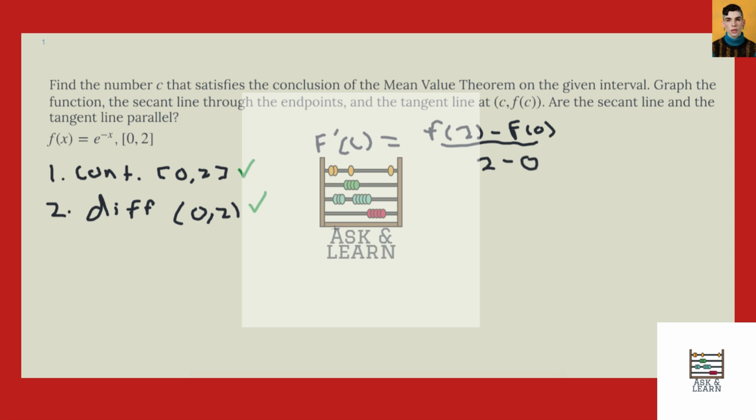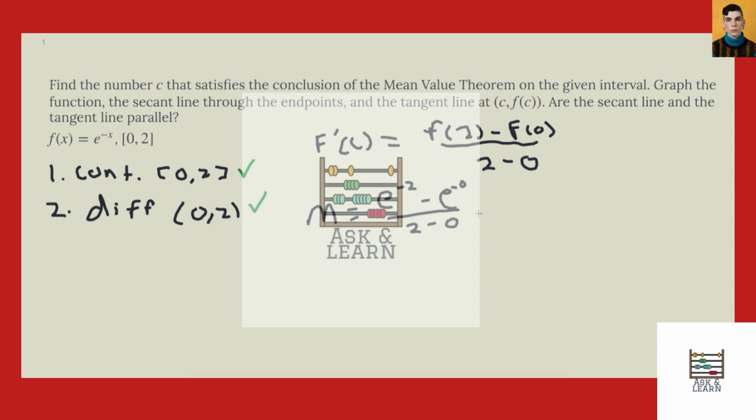So we're just going to go ahead and first find the average slope, just to make this easier. This is a much longer algebraic problem, so we're just going to find the average slope. The average slope is f of 2 minus f of 0, and we're going to plug in the values. So e to the negative 2, that is f of 2, minus e to the negative 0, all over 2 minus 0.